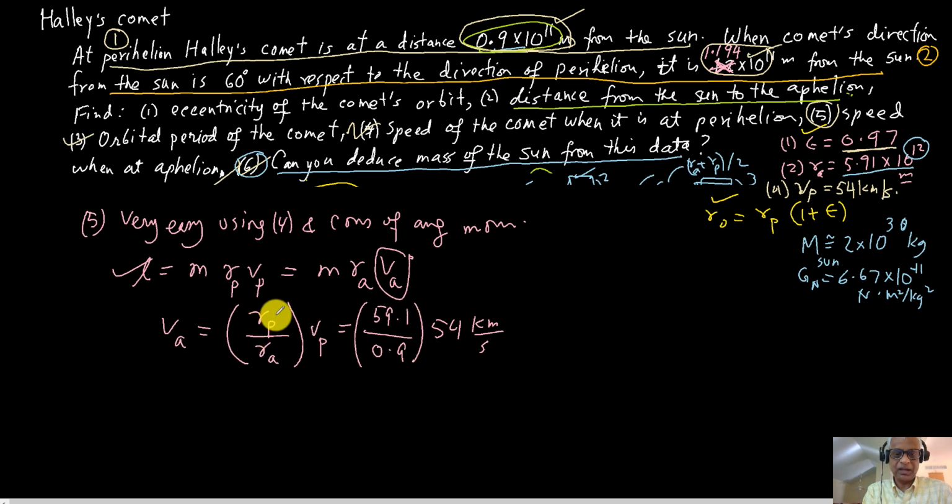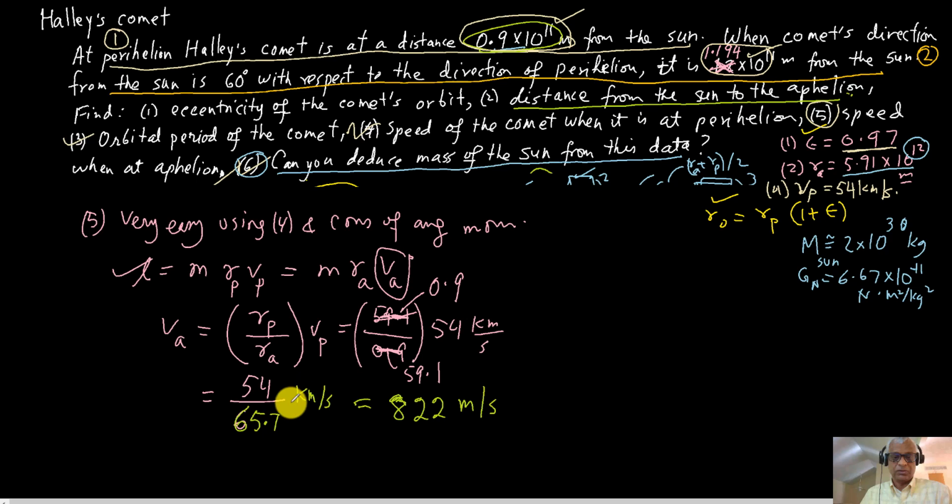This should be exactly opposite of this, so I think we messed up here. Actually this is just opposite. Okay, this is 0.9 and this is 59.1. That makes sense now. So this is 1, so about 60 times less. So 54 over that.